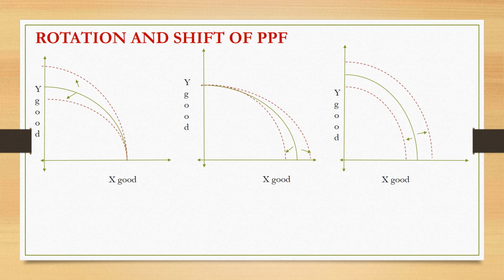And degradation of technology or a decrease in resources, non-availability of resources, will result in an inward shift of the production possibility curve.